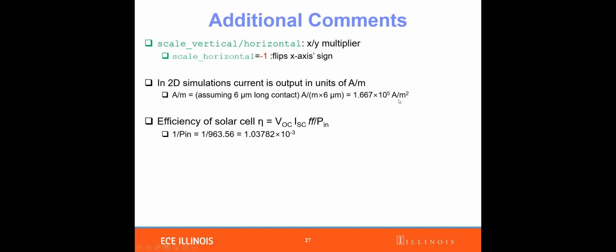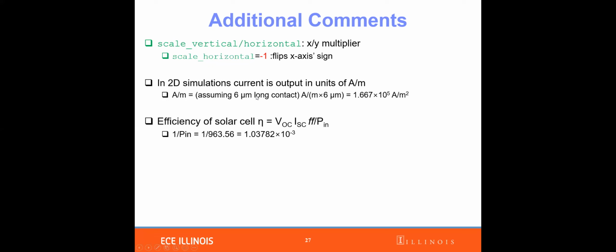If we want to convert it to amp per meter square, which is the typical definition of current density, then we need to divide this number by the width of the contact. So here we consider a 6 micrometer contact width. So we need to divide this number by 6 micrometer, which is equivalent to multiplying by 1.6666 times 10 to the 5.